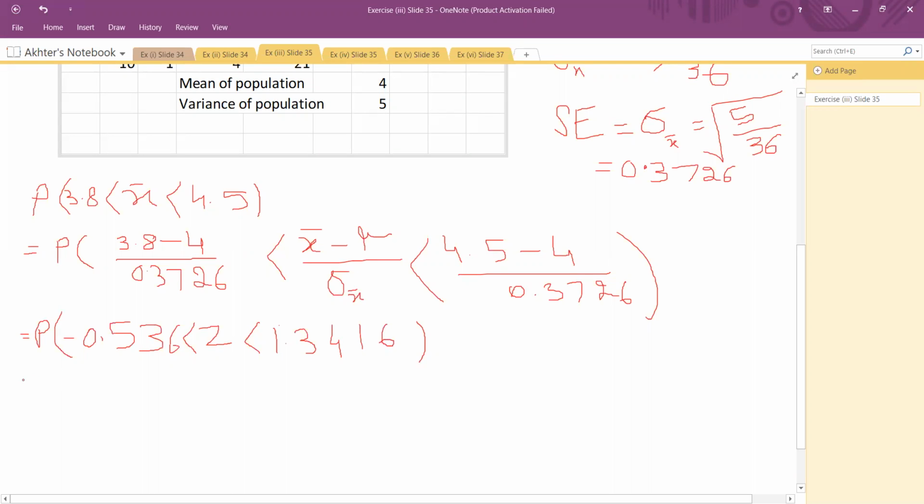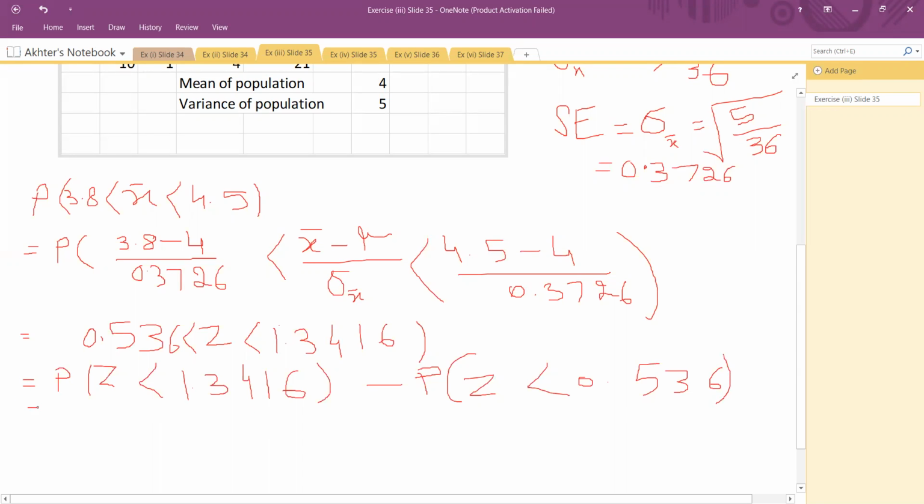This can be written as the probability Z less than 1.3416 minus the probability Z less than minus 0.536.